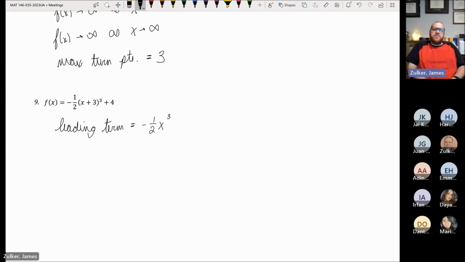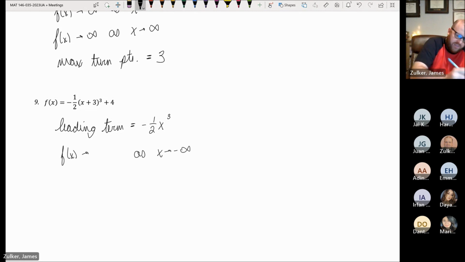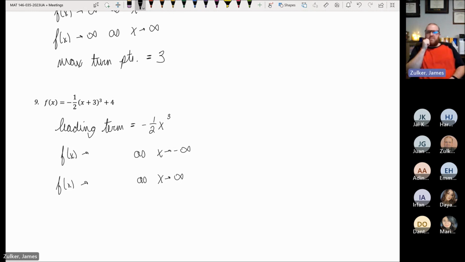Negative a half x cubed. So what is f of x going to do as x goes to negative infinity?